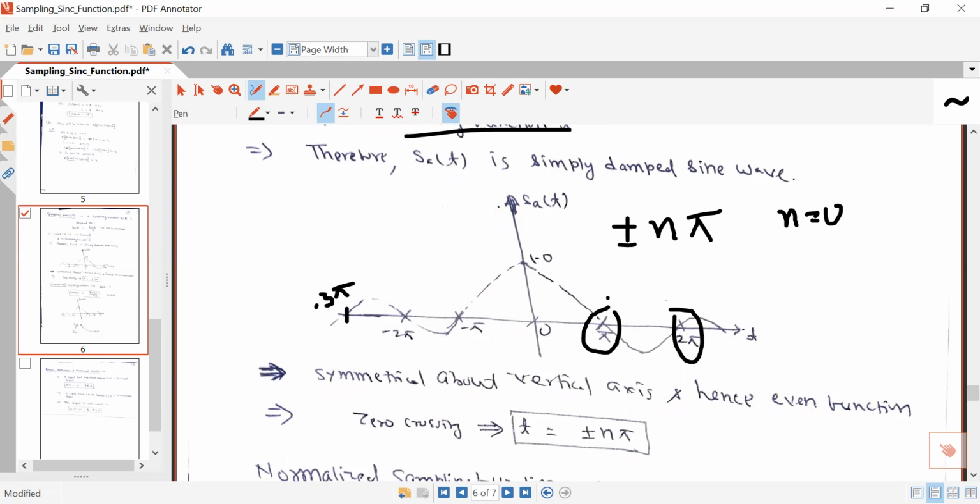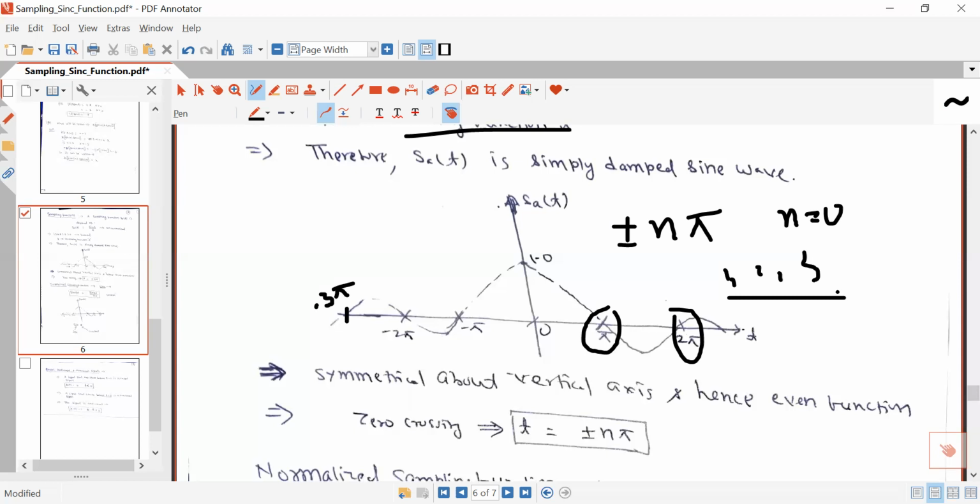But when the zero crossings are at 1, 2, 3, then you can say it is normalized. This pi, 2 pi, 3 pi is converted into integers. When you convert the zero crossing from pi to some integer, 1, 2, 3, 4, then this is called a normalized signal.